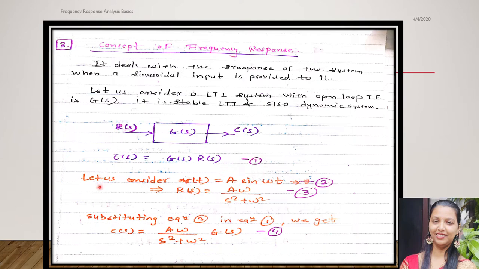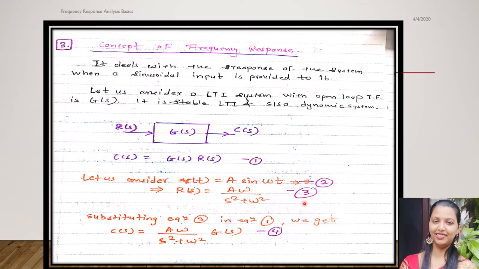Let the input be r(t) = A sin omega t. Mark this as equation 2. Then we have R(s) = A omega / (s^2 + omega^2). Mark this as equation number 3.